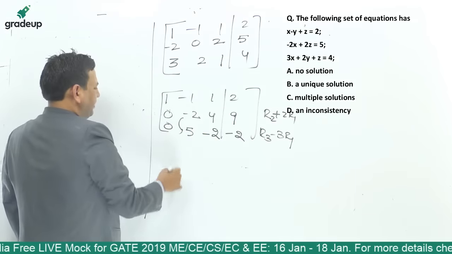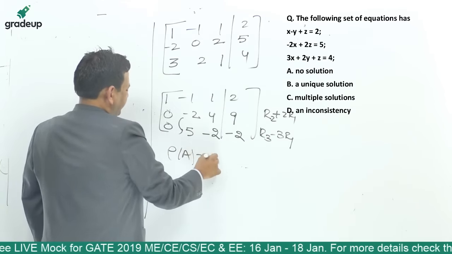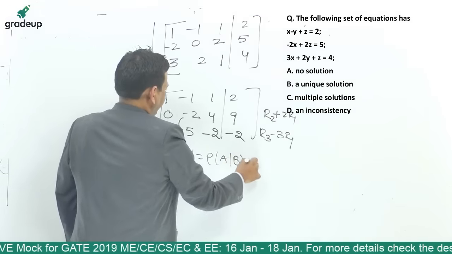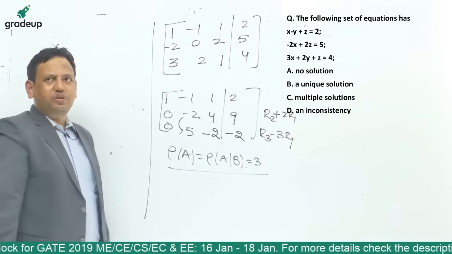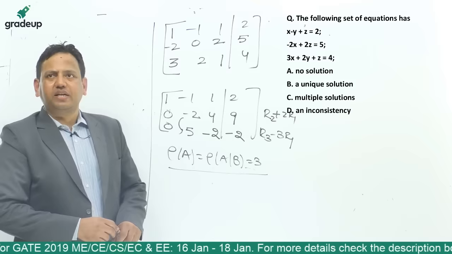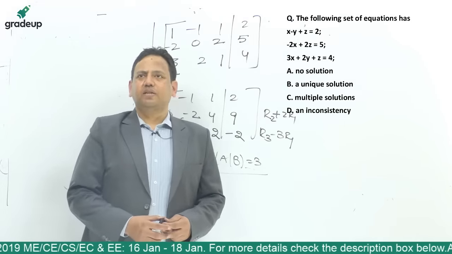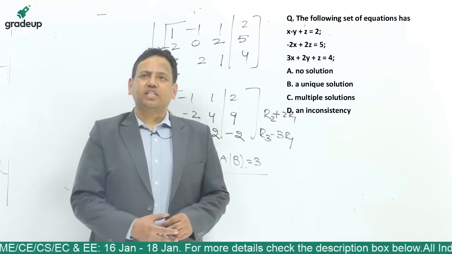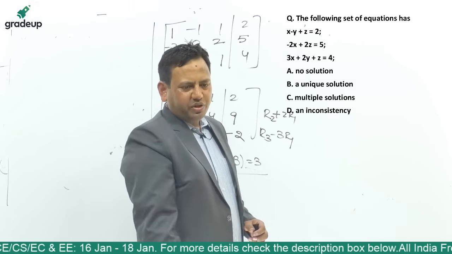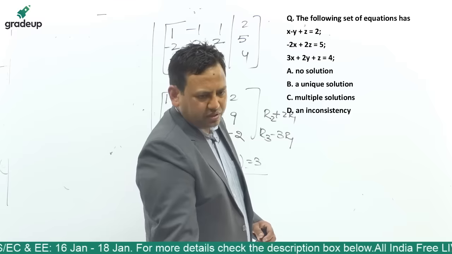So these are not dependent. So rank of A is equal to rank of AB equal to 3. So the unique solution. Yes, everybody. Inverse exists means invertible. Last question answer is B. So unique solution, B is the correct option.